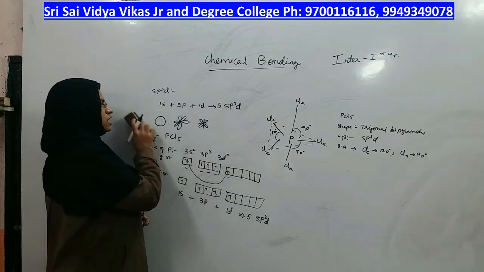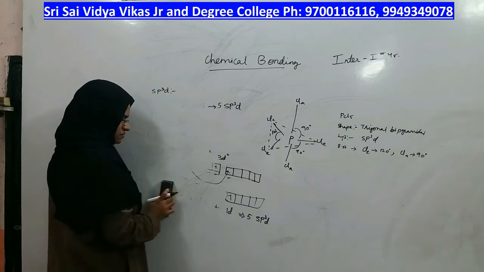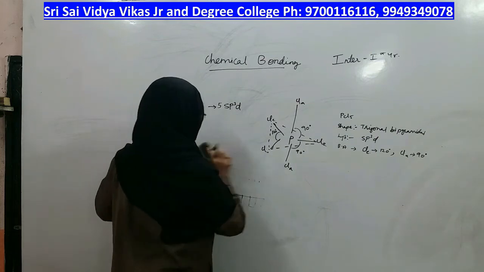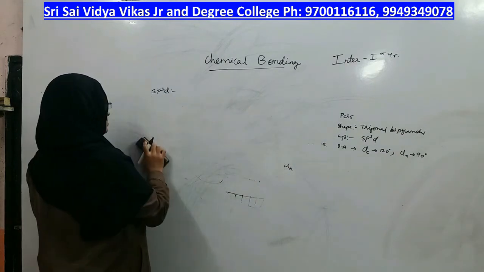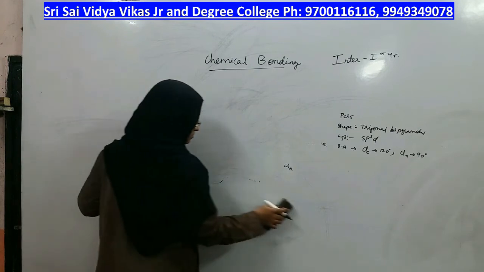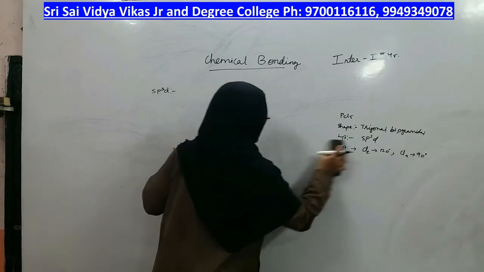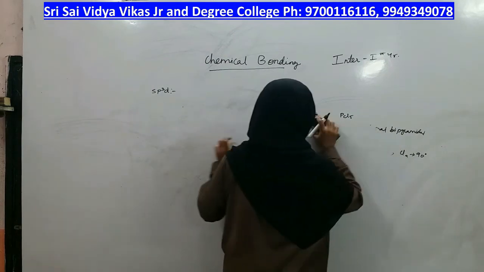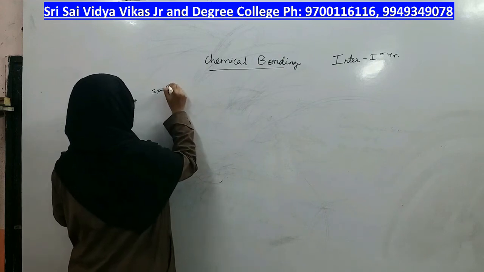Let us look at sp3d2 hybridization. In sp3d2 hybridization, instead of one d orbital you will have 2 d orbitals involved, and the example for that is the SF6 molecule.